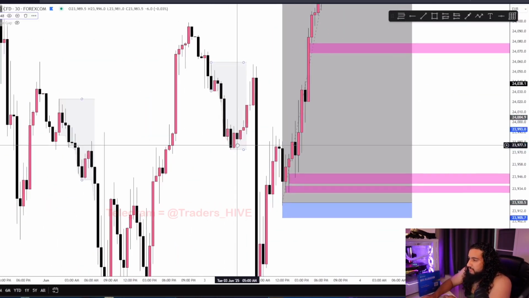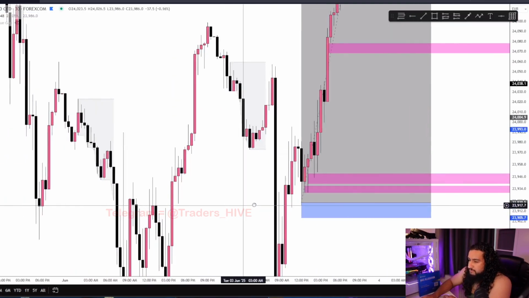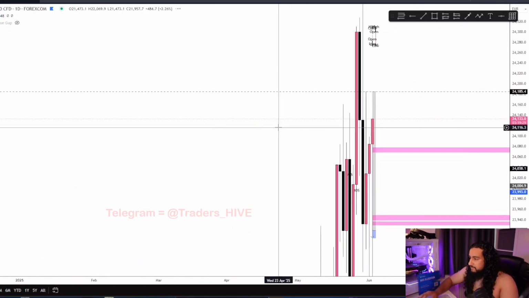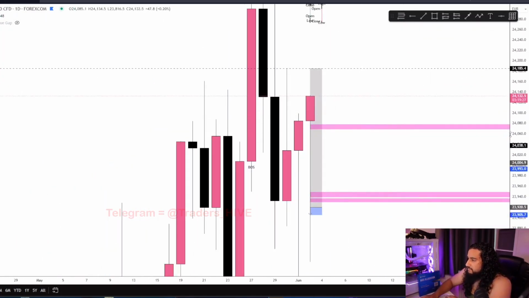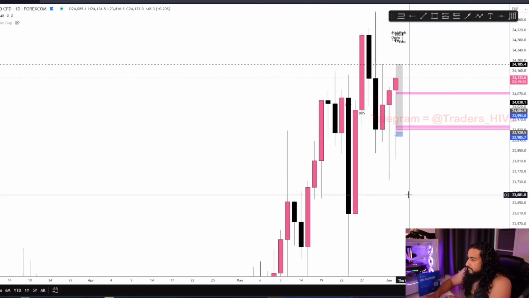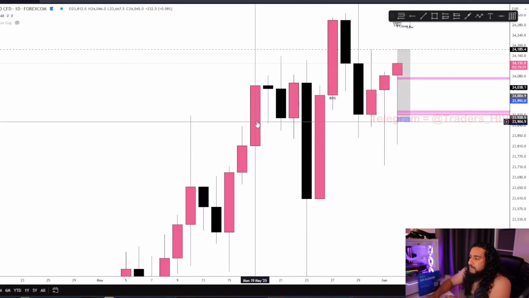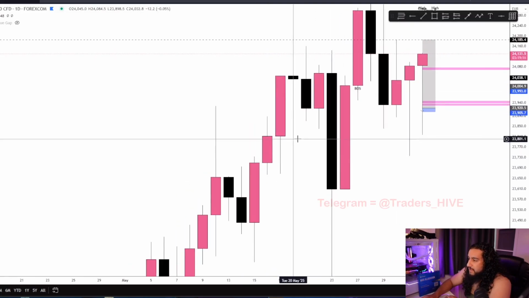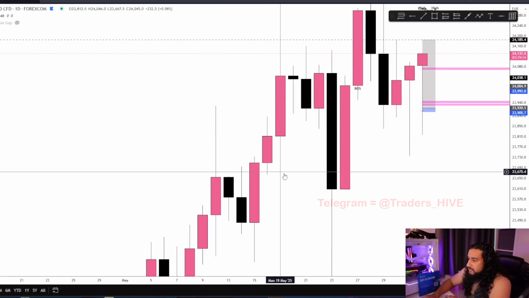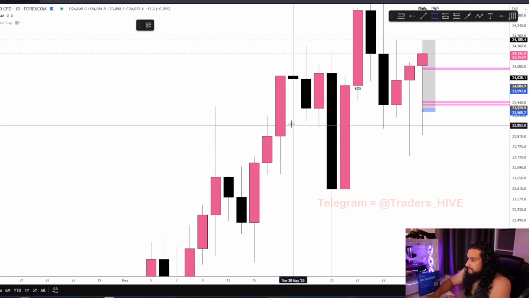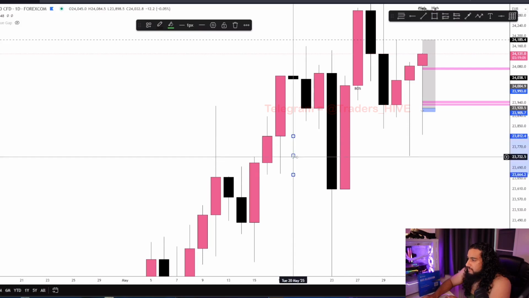Let's get a nice chunky candle. Oh yes. So let me go into the daily candle and let me show you this. So this candle, let's say this one right here. You can see the daily candle had this bottom wick, right there.